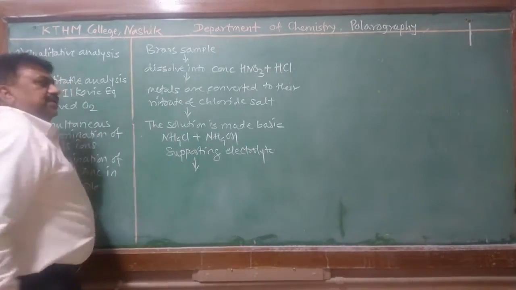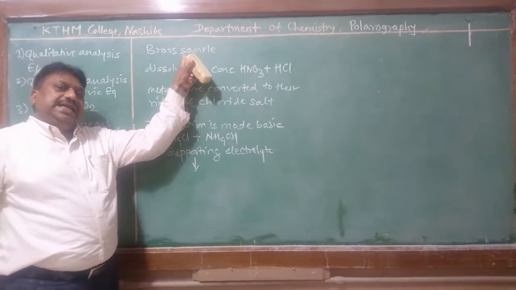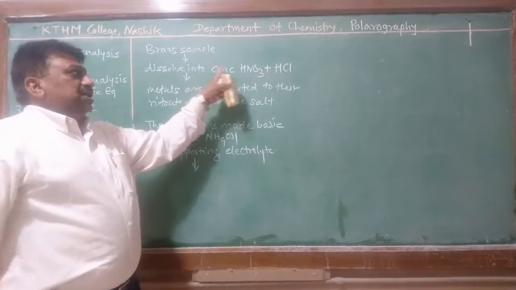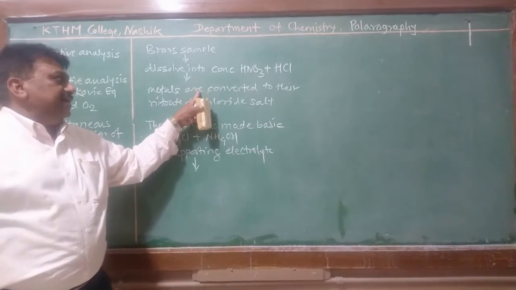Then the brass sample components copper, zinc, tin, lead and iron are converted to the corresponding nitrate and chloride ions.